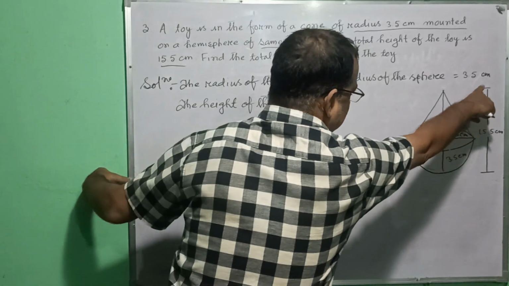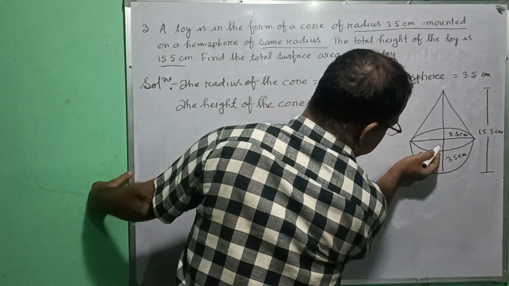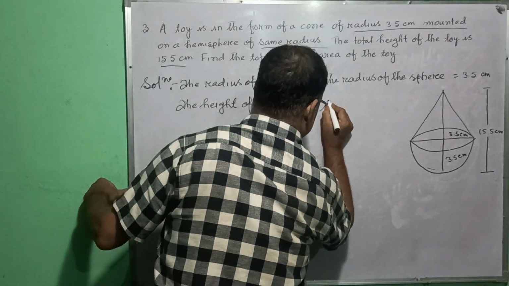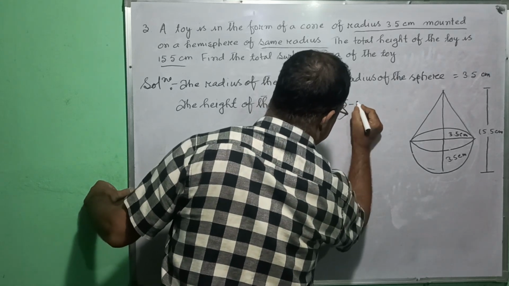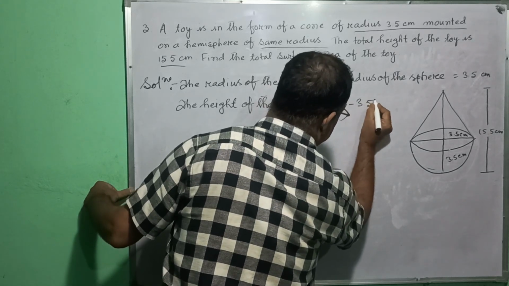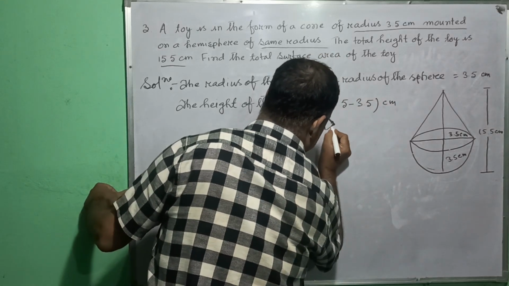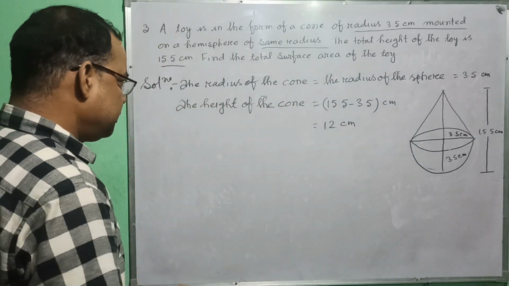As the total height is 15.5 centimeter, we can subtract this radius to get the height of the cone. So we can write 15.5 minus 3.5 centimeter equal 12 centimeter. So we got the height of the cone.